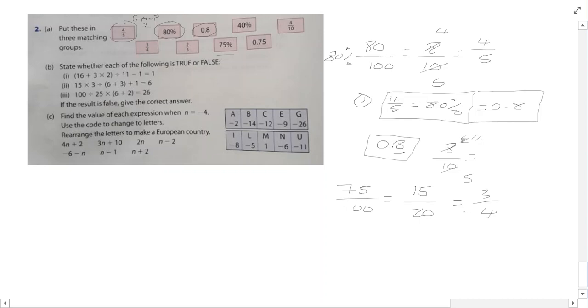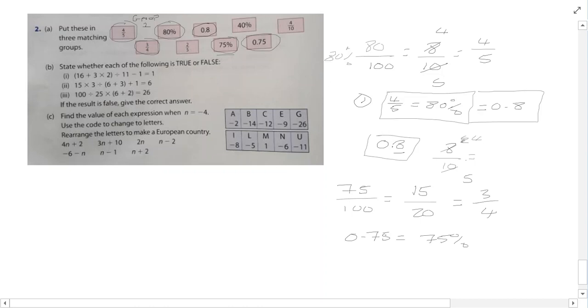So 3 over 4. Have we got any 3 over 4? We see here that we have this 3 over 4. We have this 75%, and then we can include this 0.75 as well. Remember, 0.75 is going to be equal to 75%.